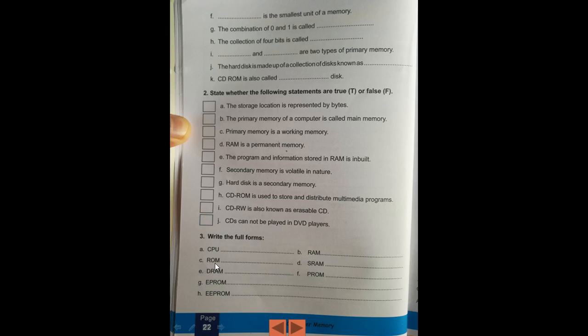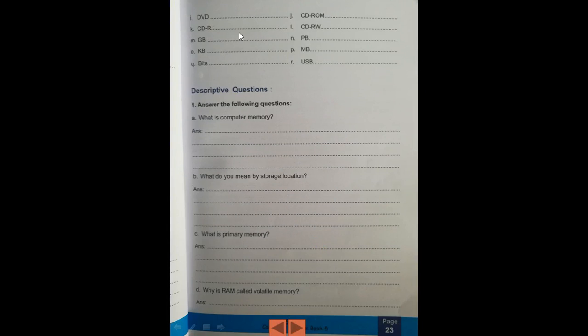So as we have taken time to read each of these abbreviations in the details that were included in the chapter, now you should be able to write the full forms.